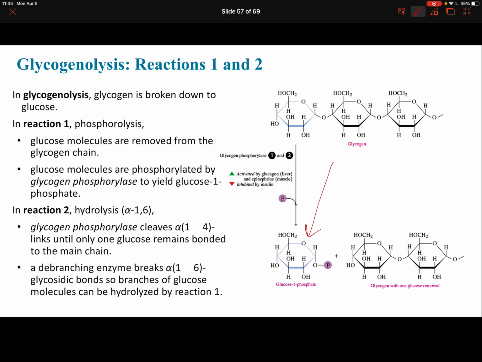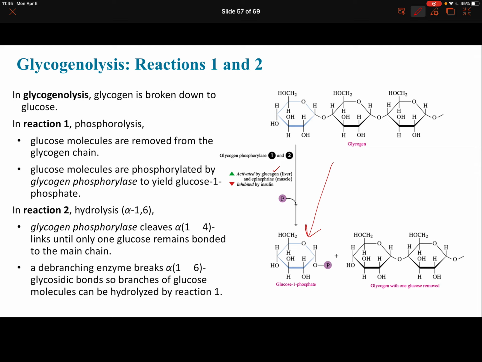So here we go: insulin promotes the forming of glycogen, and glucagon promotes the lysis of glycogen. That's why they are inhibitors of the corresponding opposite enzymes. Whatever enzyme is activated by insulin is inhibited by glucagon, and vice versa.